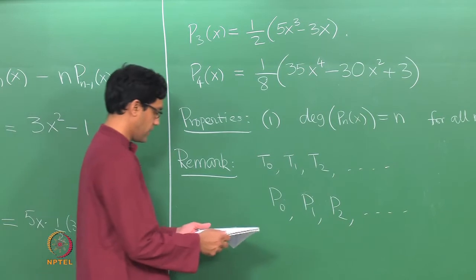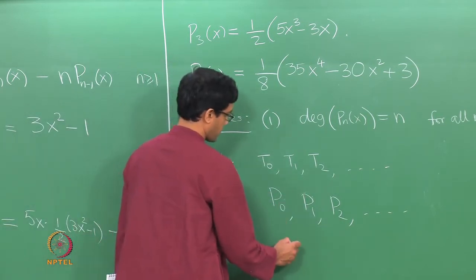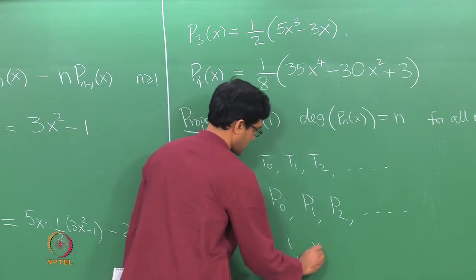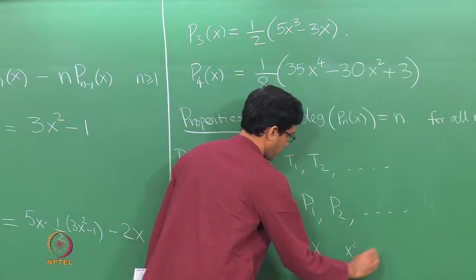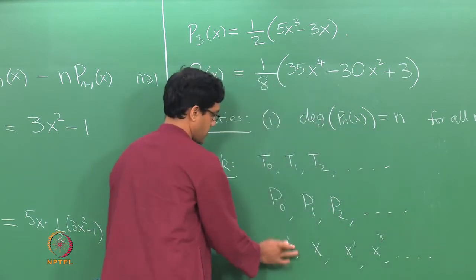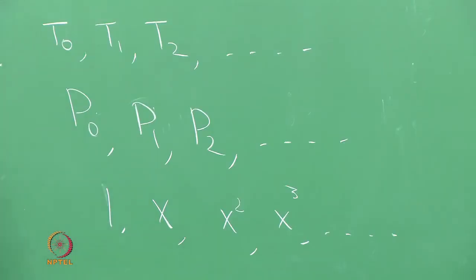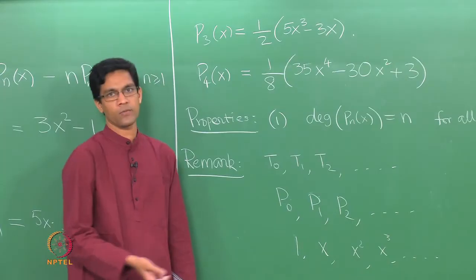And in fact there is also the much simpler version. Let us just look at the polynomials 1, x, x squared, x cubed, and so on. These are all just powers of x. They are also polynomials, one of each degree. So each of these three sequences has the property that it contains one polynomial of each degree.